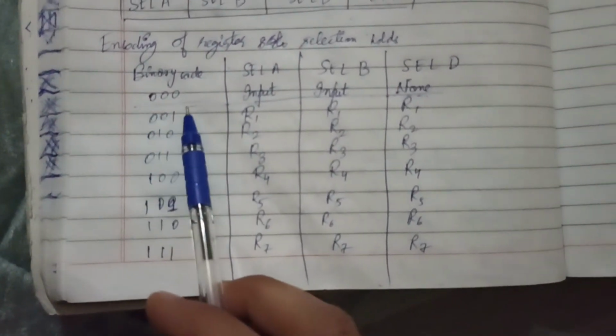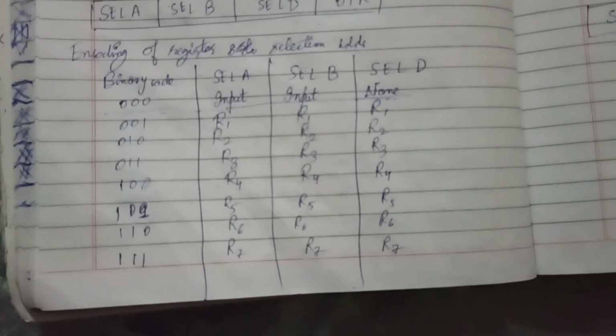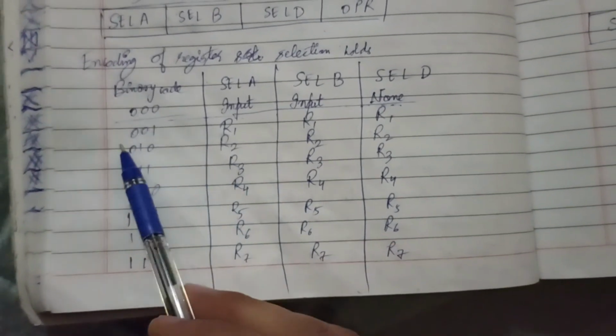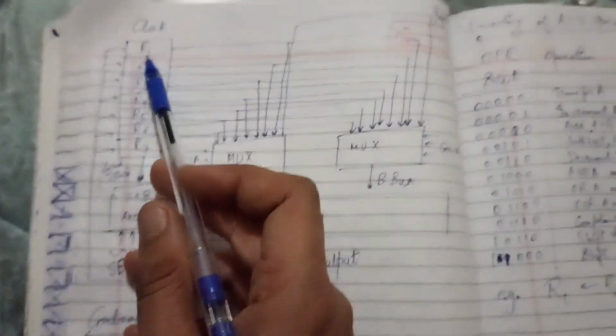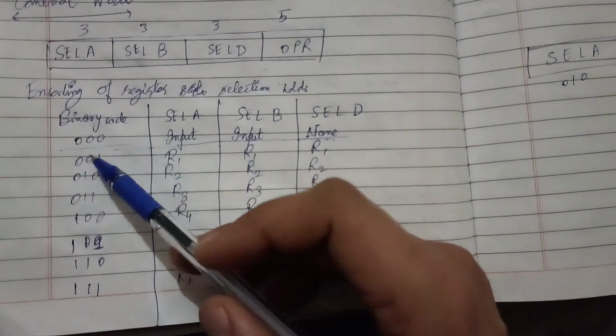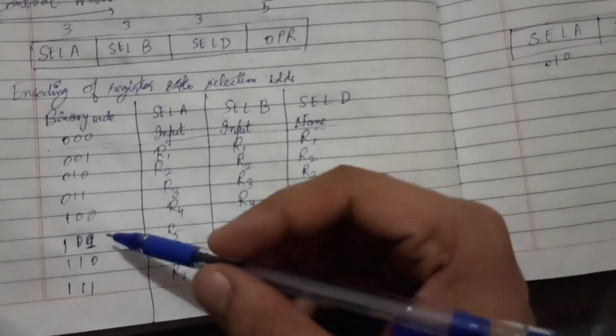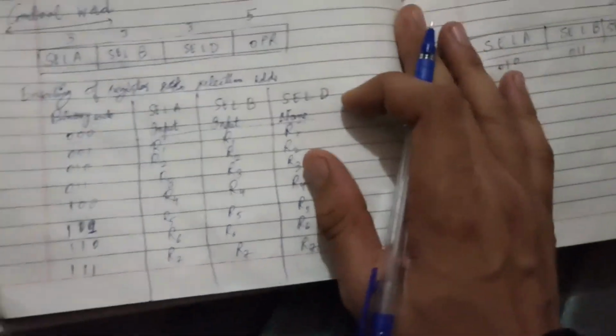Here we have 000, that is input, and it's none. Similarly, 001 selects register R1, 010 selects R2, and so on, up to 111 which selects R7.